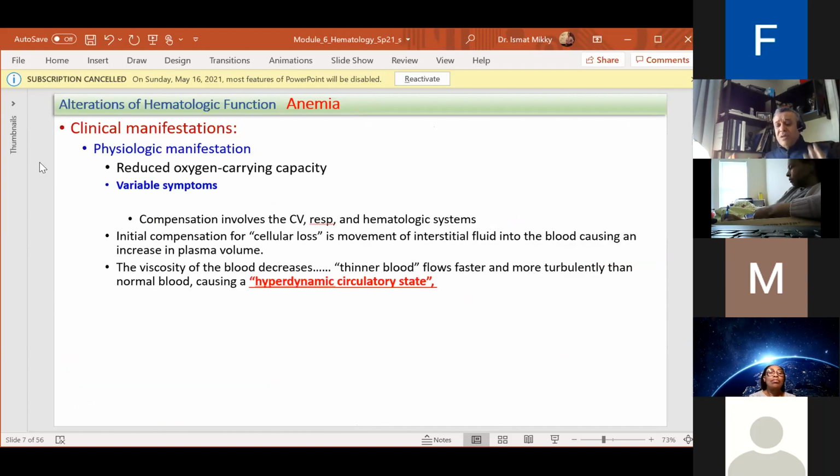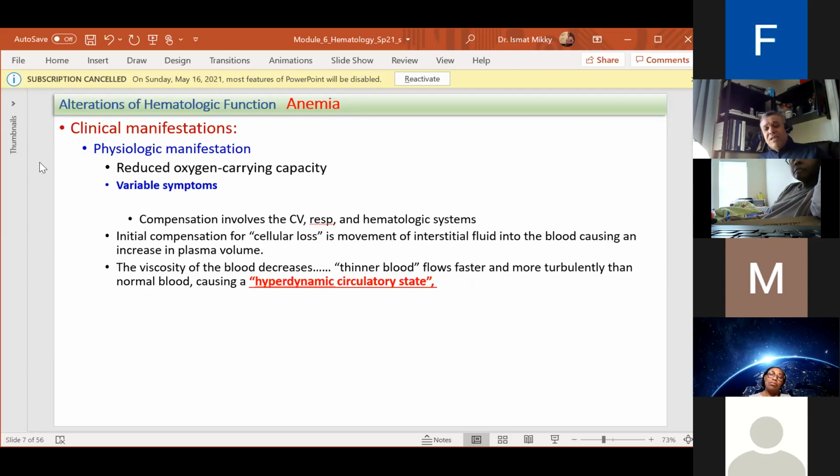So with anemia in general, the patient would have a reduced oxygen carrying capacity because of the decreased RBCs. Because there is a compensation, the symptoms are variable. Not all patients with anemia will have the same symptoms, but the compensation involves the cardiovascular, respiratory, and hematologic systems.